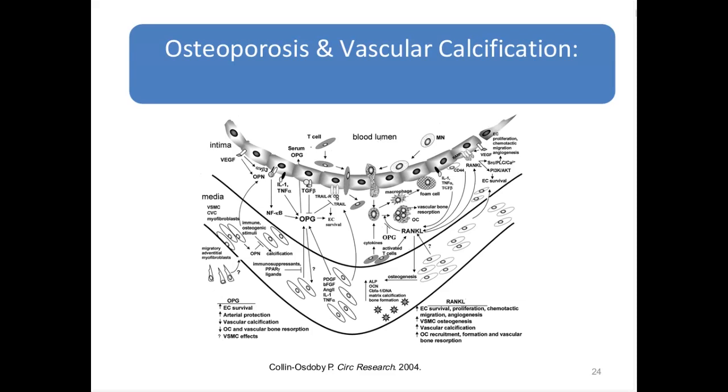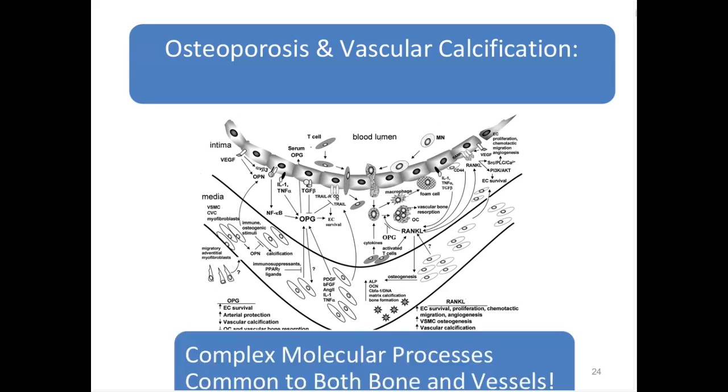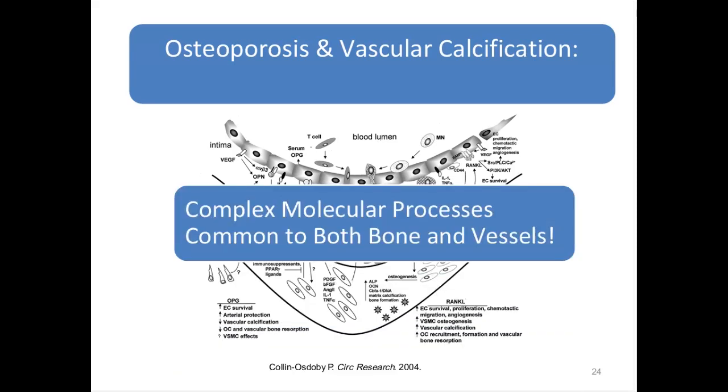I also want to point out here, this is a vessel, but here we've got processes that are involved in bone formation and bone resorption, but we're looking at a vessel. And what does this mean? That there are complex molecular processes that happen in both bone and the vessel.